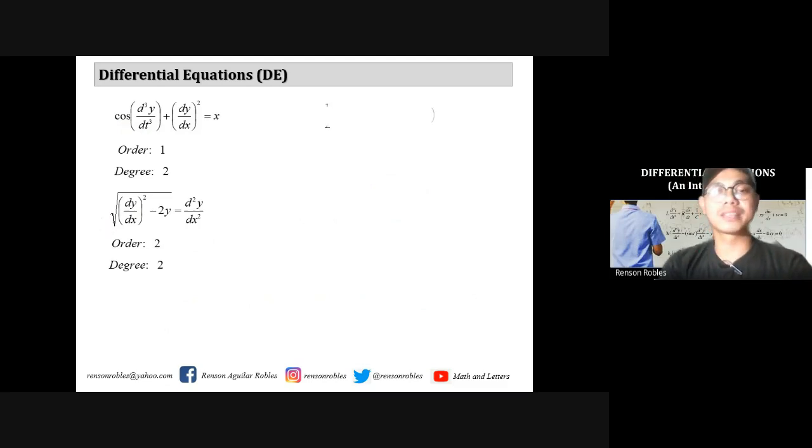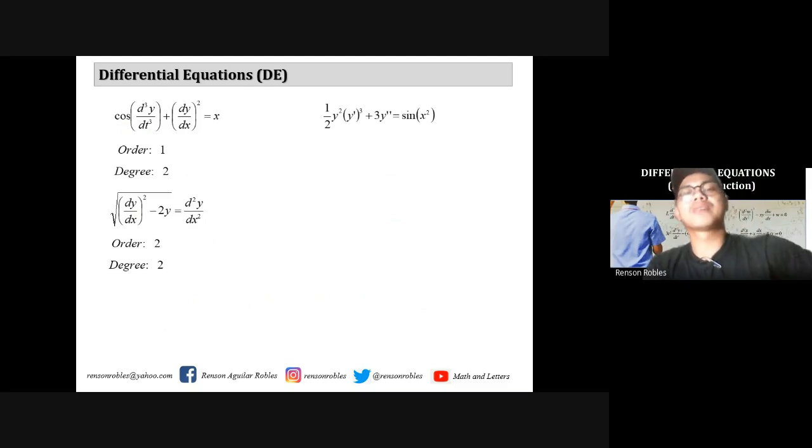Another one, let me see. Okay, so you have 1/2 y squared times the quantity y prime to the third power plus 3y double prime equals sine x squared. Again, there is the presence of y prime and y double prime. So clearly, we can conclude that the order of this differential equation is 2, and the degree is equal to 1.